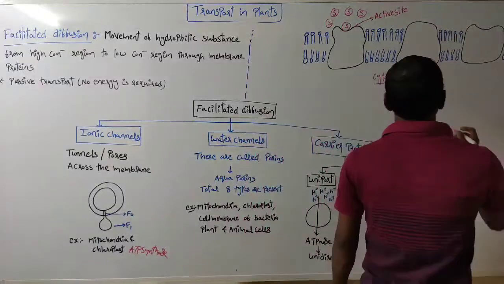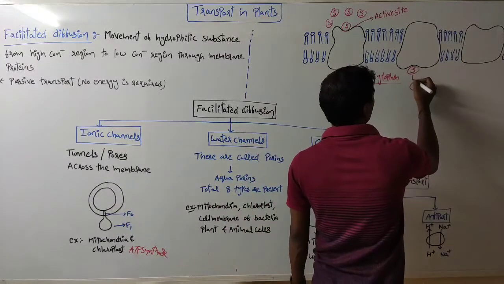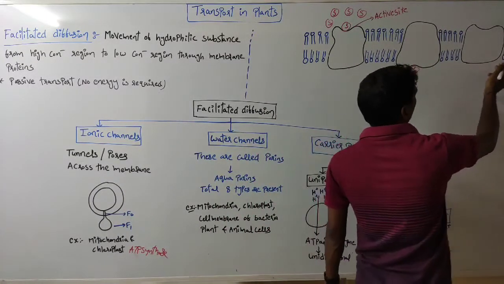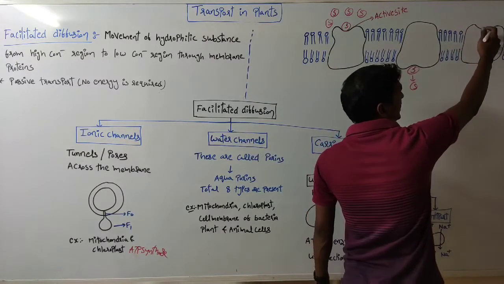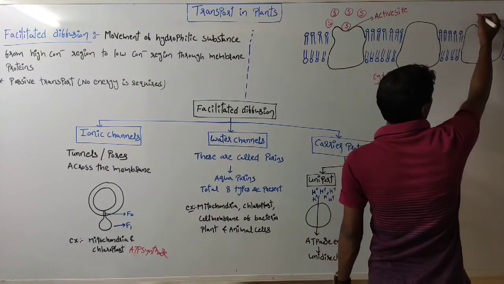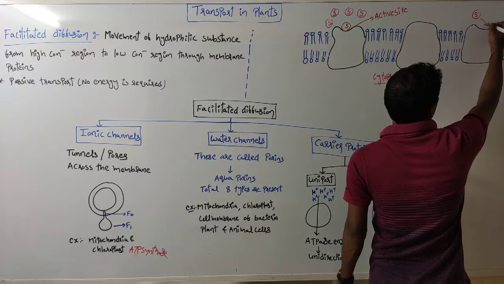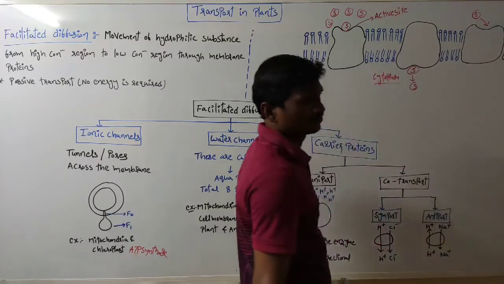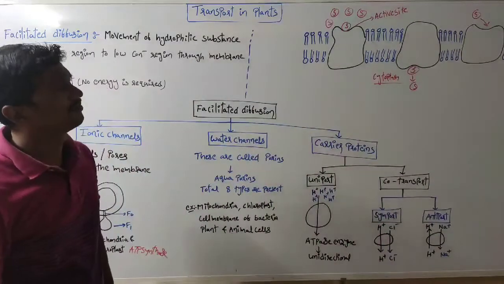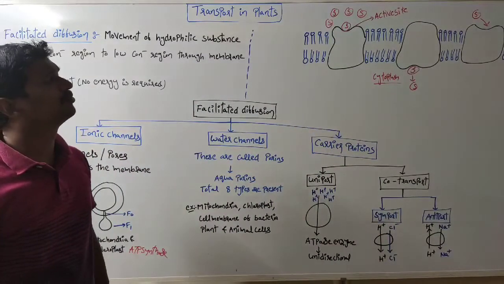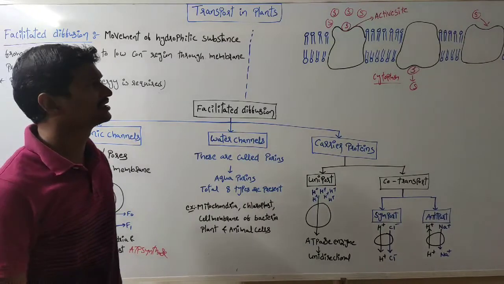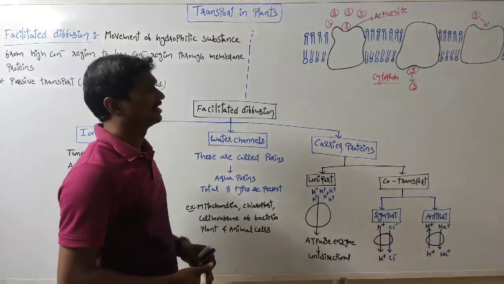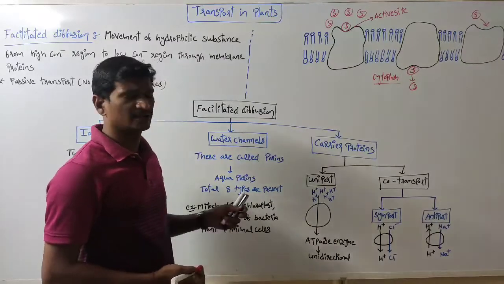Once the molecule is released inside, again the protein rotates towards the outside, the active site rotating towards the outside. Again this site is ready to interact with another molecule. So by the rotation mechanism, the molecules are transported from outside the cytoplasm to inside the cytoplasm. Okay? Next we will discuss active transport.